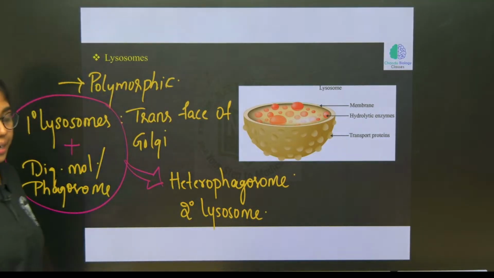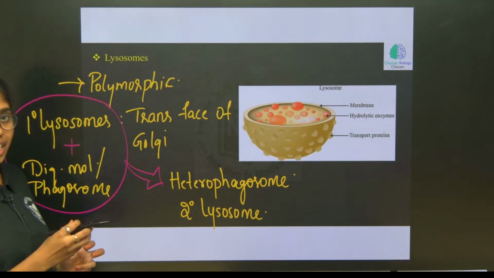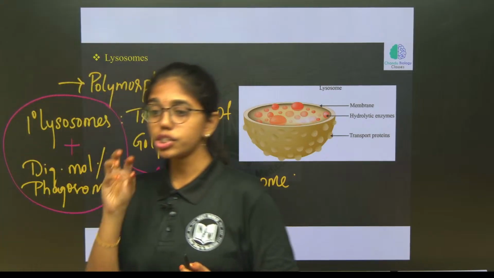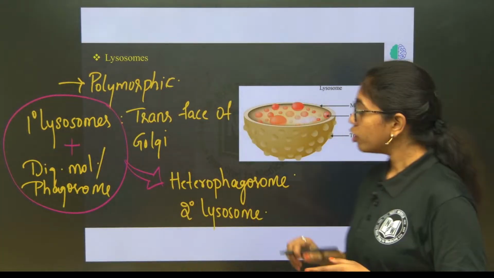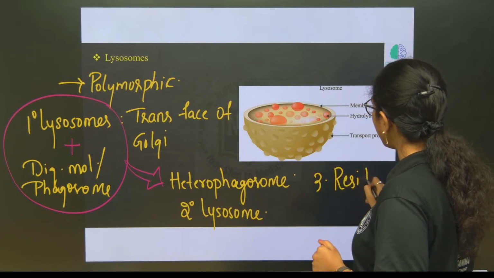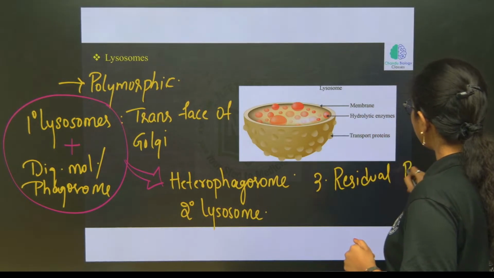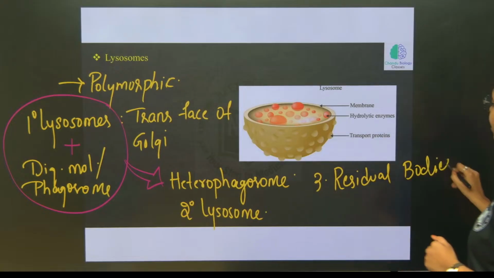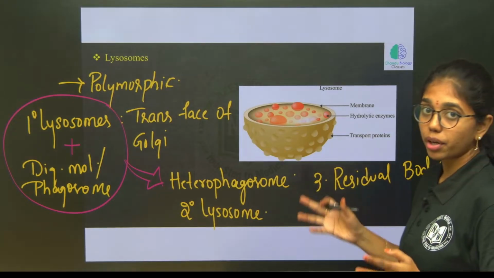After digestion, some undigested particles will remain. Those undigested particles are called what? Residual bodies, which are excreted out of the cell.